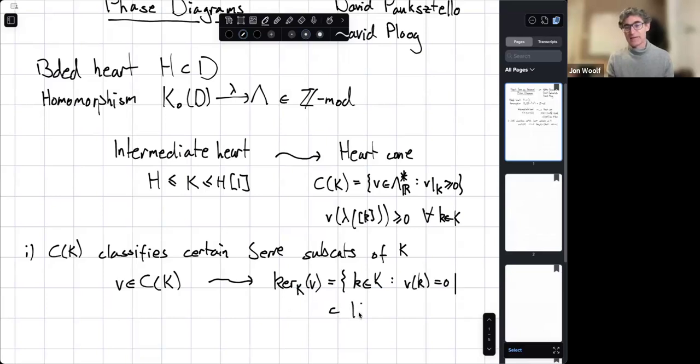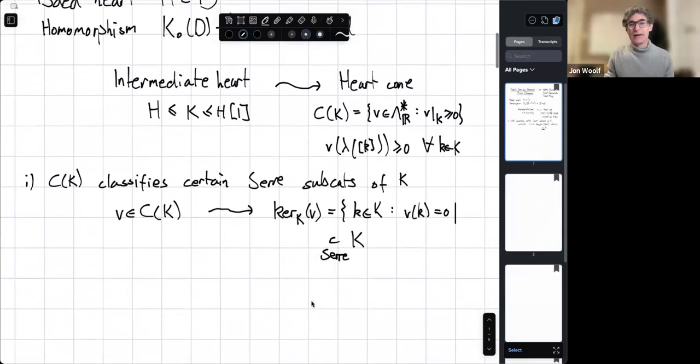I'm thinking of that as some full subcategory of K, and it's actually a Serre subcategory. So it's closed under extensions, and it's also closed under taking subobjects and quotients. And that's easy to check. So any subcategory of this form, I will call a kernel subcategory.